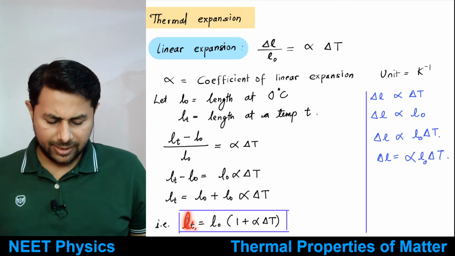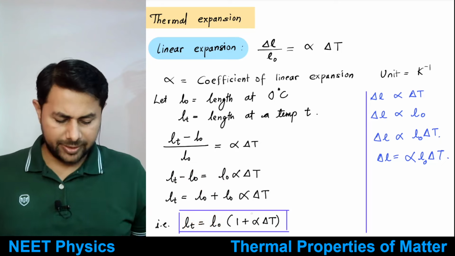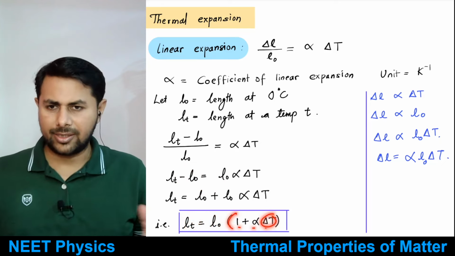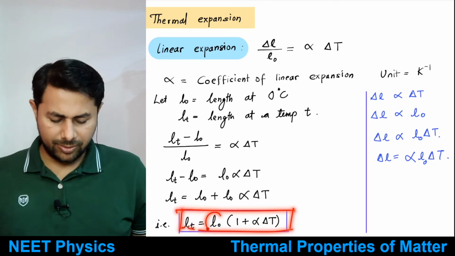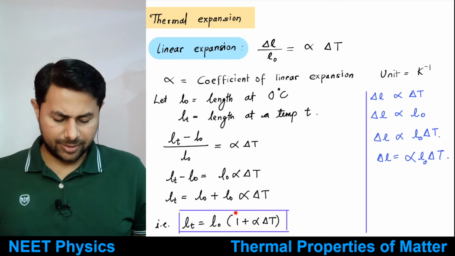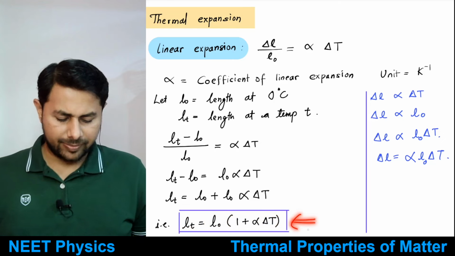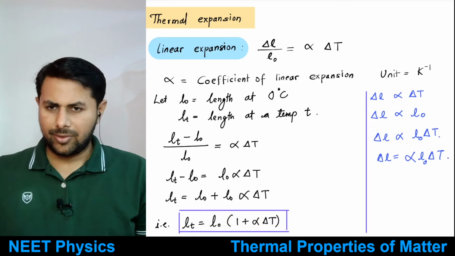So you get the length at temperature T is equal to the length at 0 degree Celsius multiplied by 1 plus alpha delta T, where delta T is the change in temperature. So you get this relation. Okay, this one is clear?